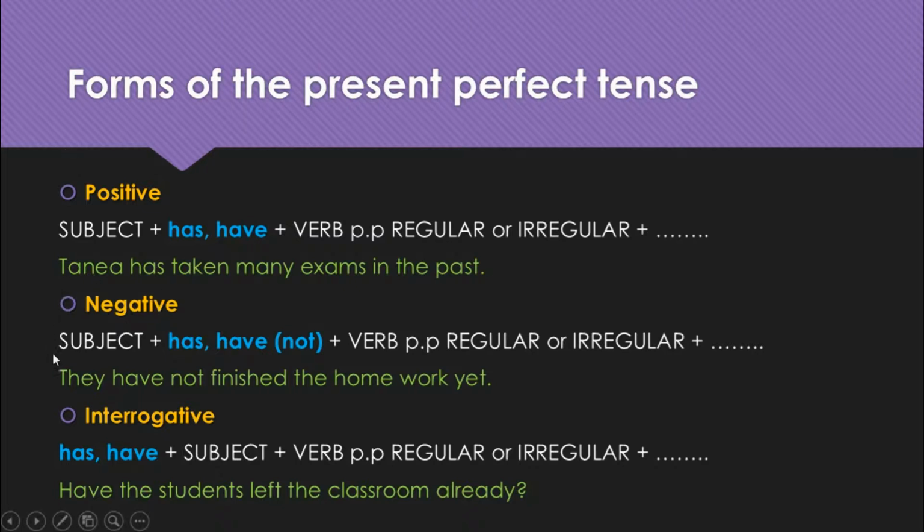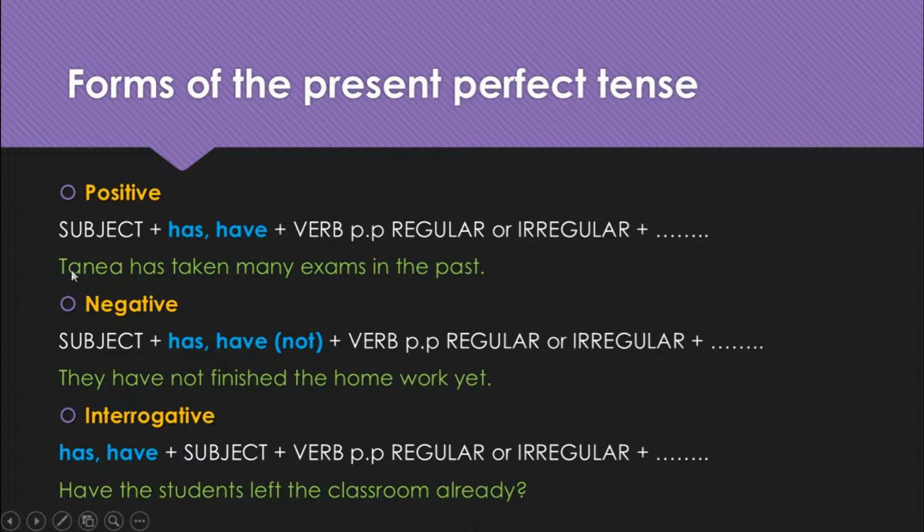So we also have the negative form. How does it look? We have a subject, has or have. Then we have a not added to it, right? Then we have the rest of what I just explained in the positive form, right? So for example, we have they. So with they we use have, not has, right?